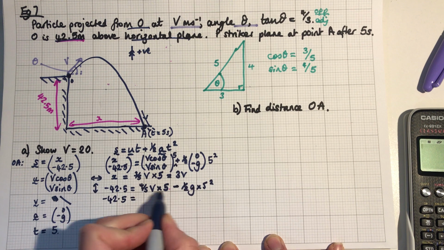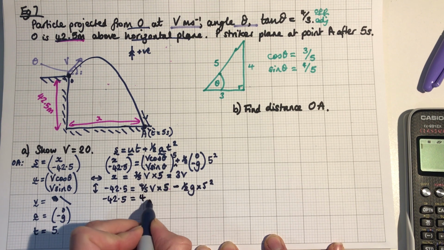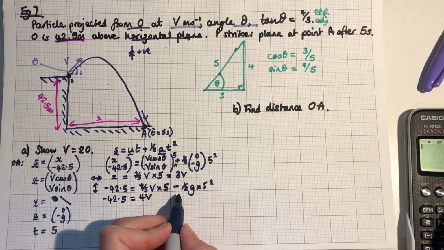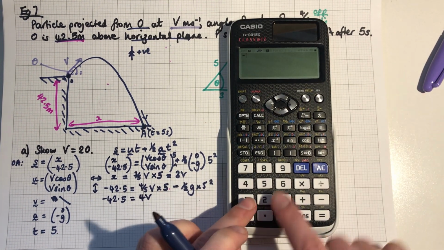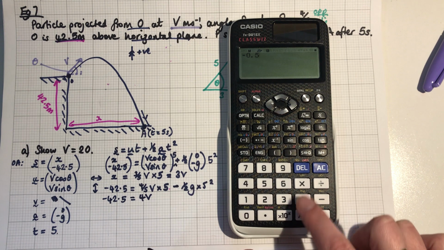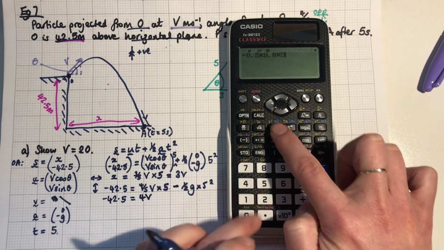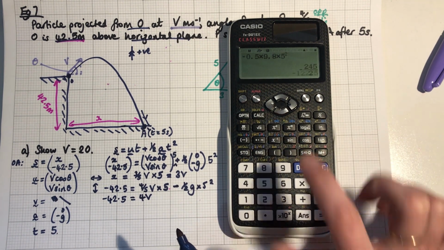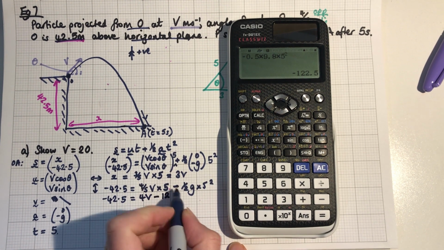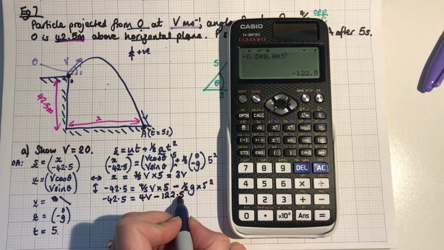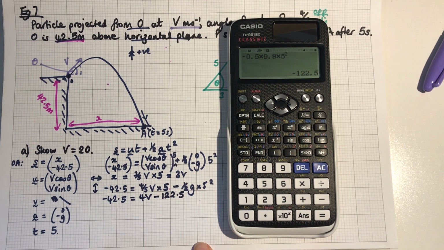The 4/5, the 5 and the 5 there cancel each other out, so we've got 4v. And then let's work out this one. Minus half times 9.8 times 5 squared gives us minus 122.5. So let's take that to the other side.